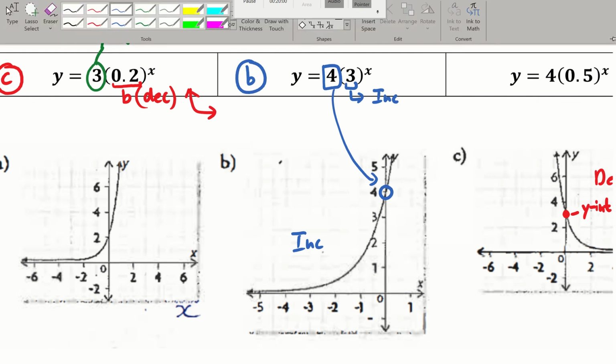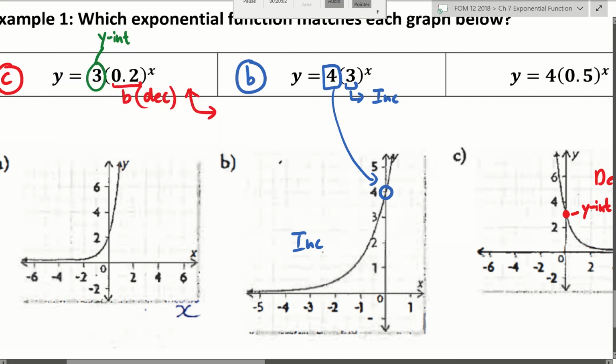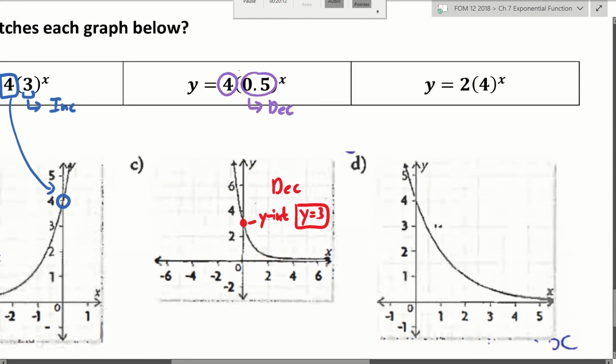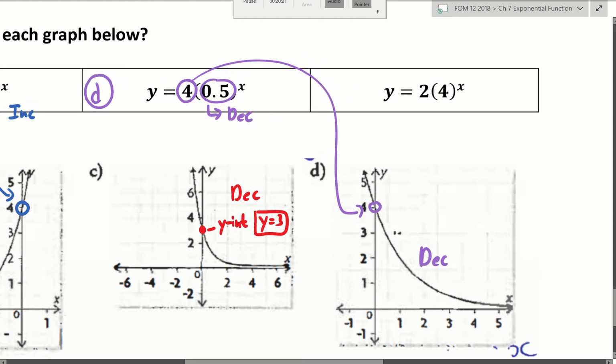Okay, so next one, let's see. Next one is 4. So 0.5 is decreasing because it's less than 1. Decreasing means it goes the other way, and the y-intercept is at 4. So right here, y-intercept at 4, decreasing. There you go, D. Perfect. And then the last one, y equals 2 times 4 to the power of x. This has a y-intercept at 2. The base is 4, so it's increasing, right?